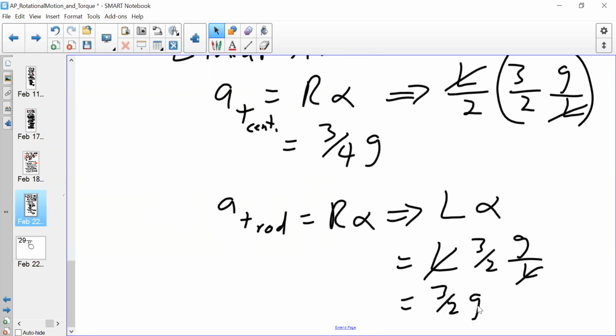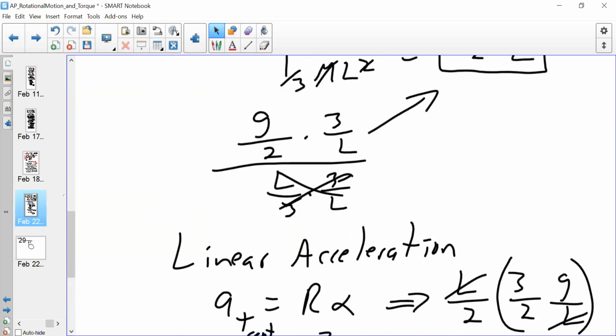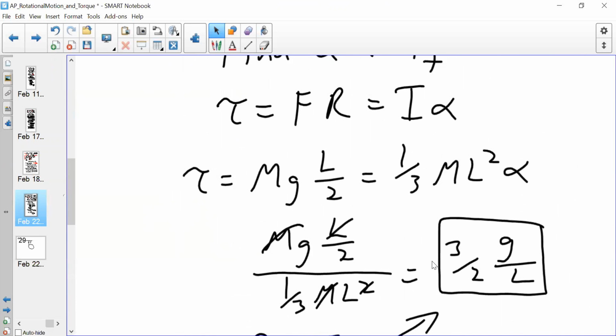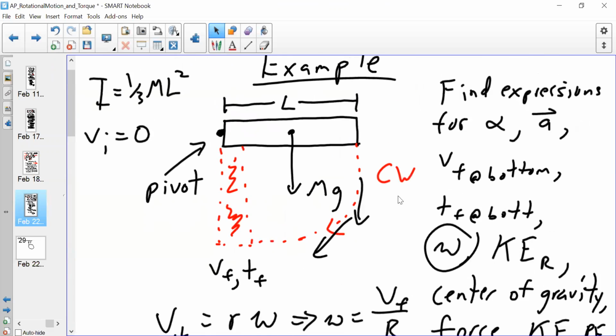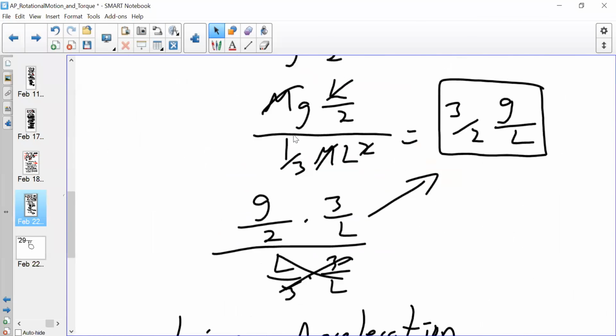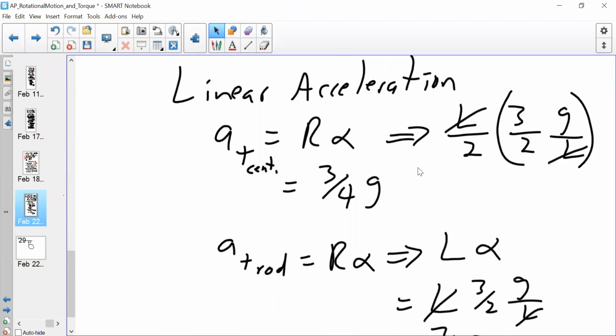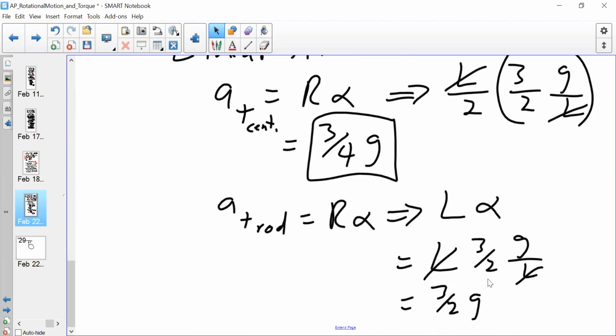And as you can clearly see, the linear acceleration at the extreme is greater than the linear acceleration at the center of mass. Center of mass is 0.75, and this is 1.5 times gravity. All right, units check out, meters per second squared. It's in terms of g, all good.